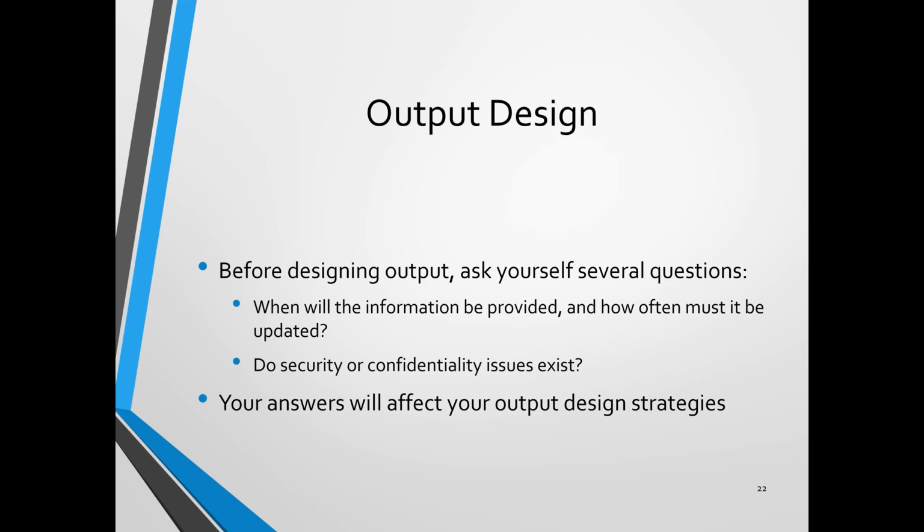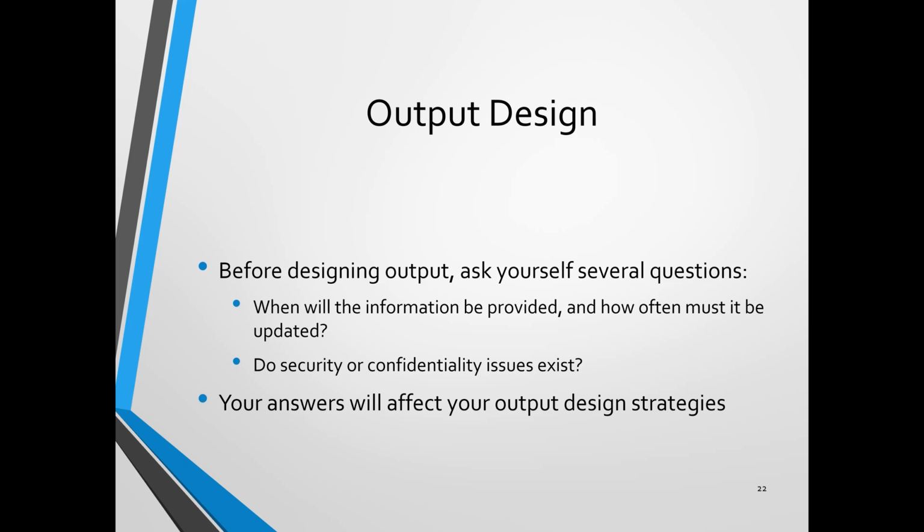After that, do security or confidentiality issues exist? Some output needs to have security as well. For example, if the bank would like to send you the statement of your bank account through email, normally the bank will make it a PDF and send it to you. They don't send it straight away. They will have the password encrypted for that PDF file.